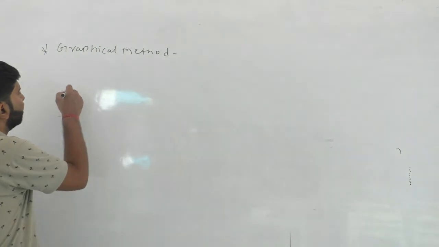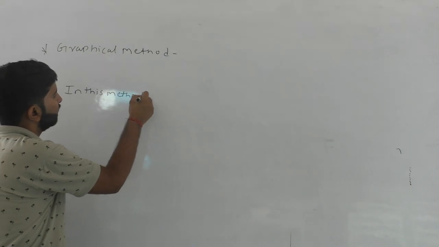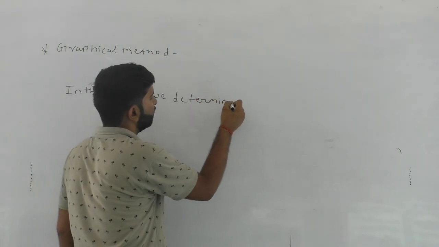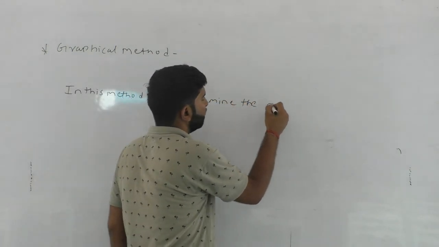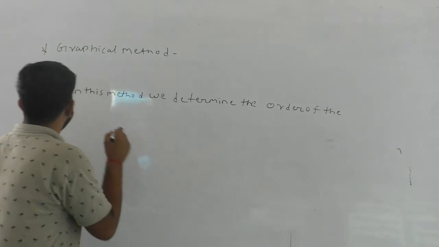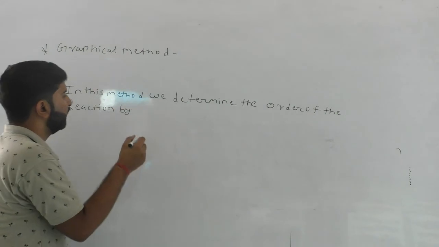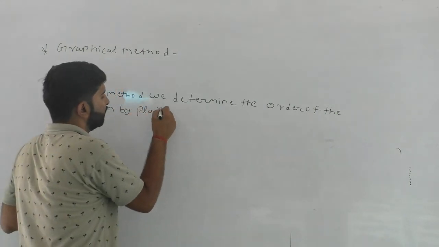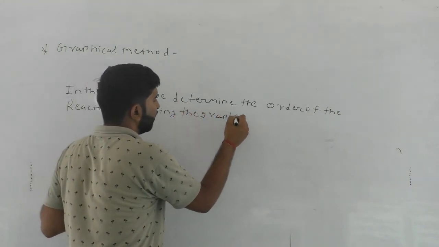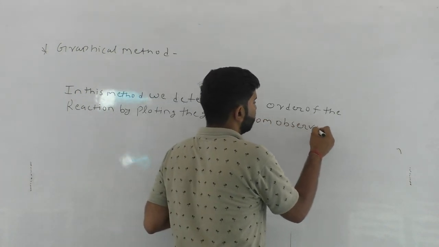So we write, in this method we determine the order of the reaction by plotting the graphs from observations.